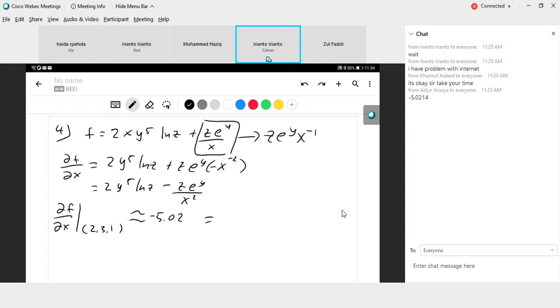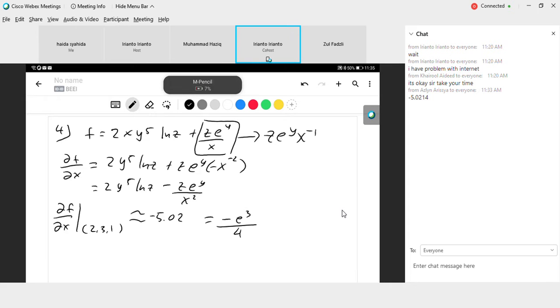So just negative z e^3 over x squared, which is 4, like this. You can write negative e cubed over 4, no problem, or you can write approximately negative 5.02.